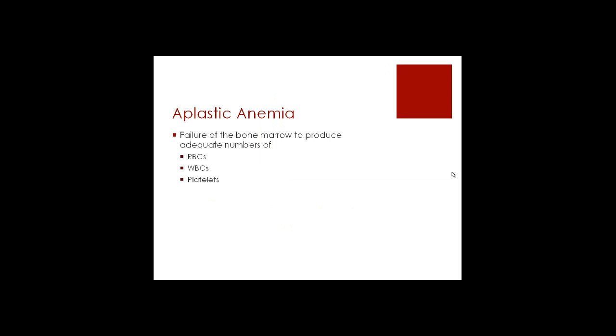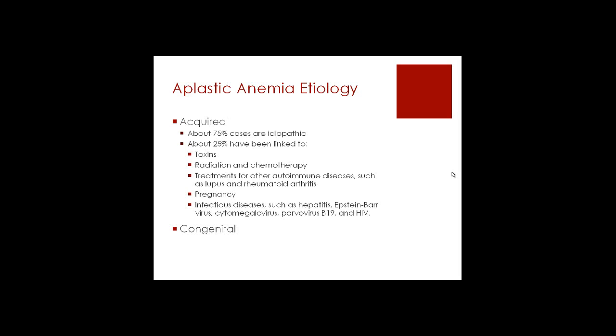Aplastic anemia is the last one, and we're not going to talk too much about it, but it's really the failure of the bone marrow to produce adequate numbers of red blood cells, white blood cells, and platelets. There's an acquired and a congenital form of aplastic anemia, but about 75% of the cases are idiopathic. They have absolutely no idea the cause of this.